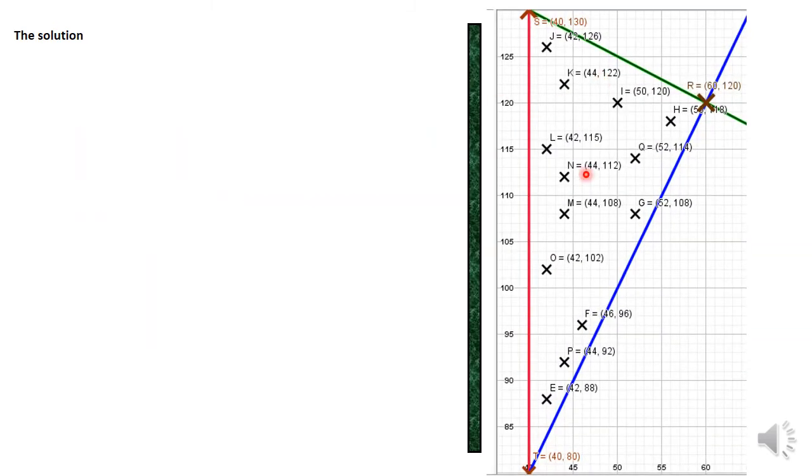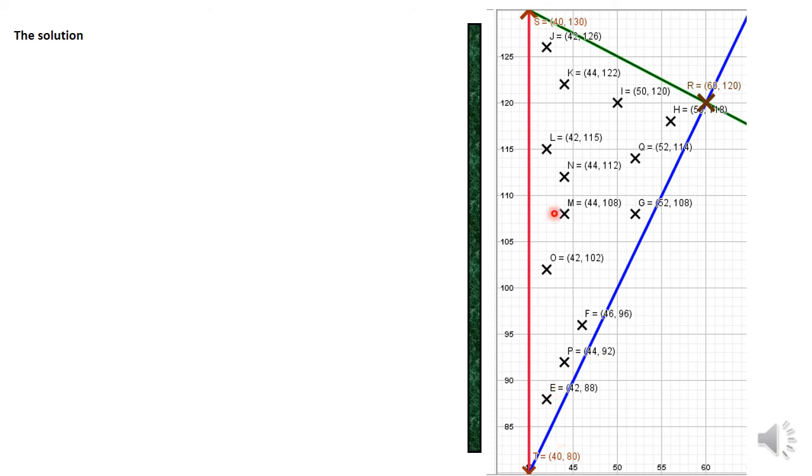Now the solution therefore will be, if you look at this way, I've expanded the thing here. All points within the blue, the green, and the red lines satisfy the number of x and y, the number of x and y that are possible combinations of the 5 and 10 shilling coins.